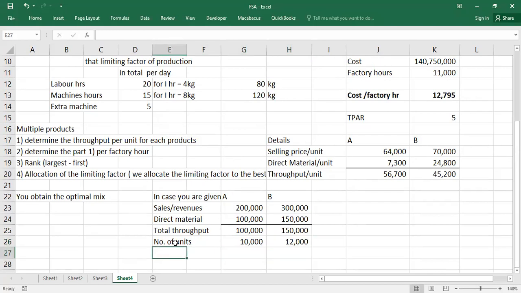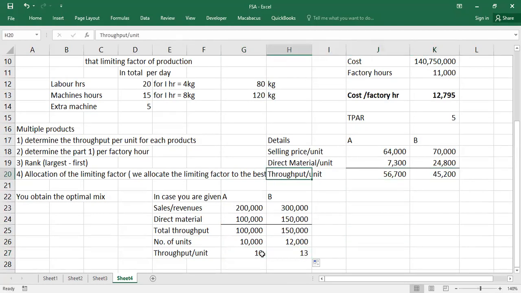You divide and get throughput by what? Per unit. Very important, which is given by total throughput divided by the number of units produced. So this will be our throughput per unit now. That's what you'll bring here.